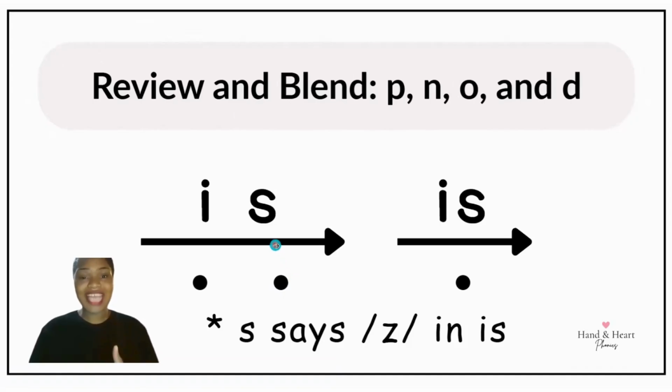Remember that this S is going to say Z. Get ready. Is. Again. Is. This is the word is. Sound it out by yourself. Yes, is. What word? Absolutely, is.